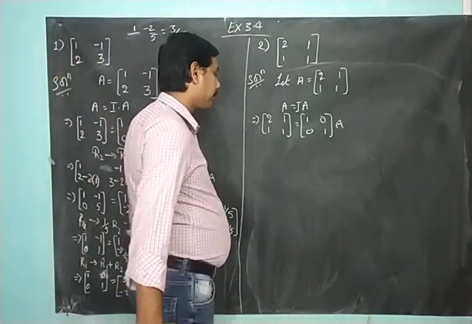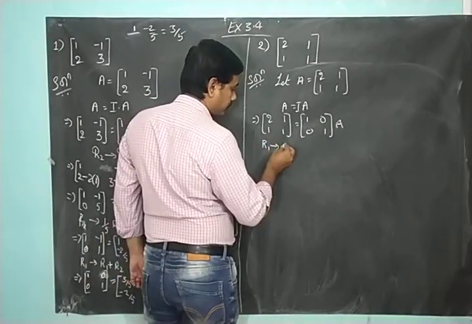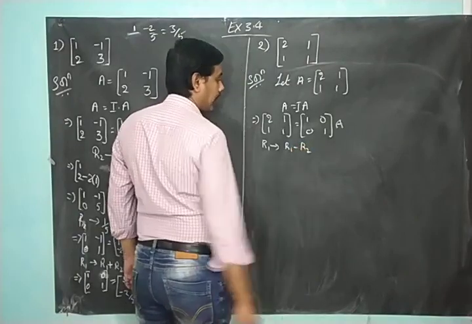So how to make this as 1? I can apply R1 changes to R1 minus R2.